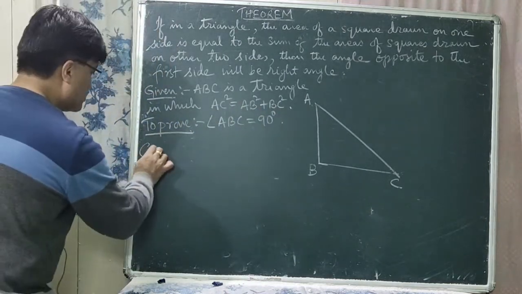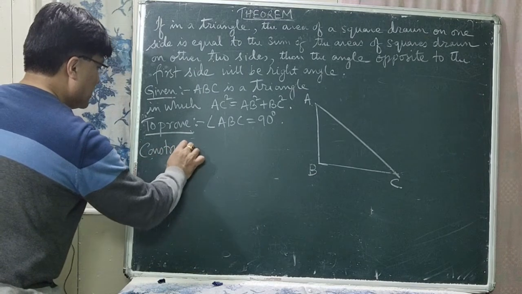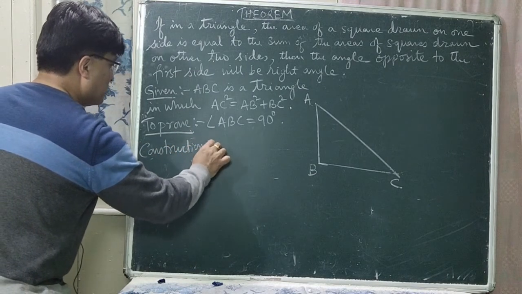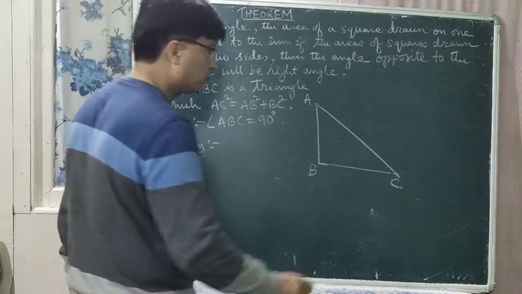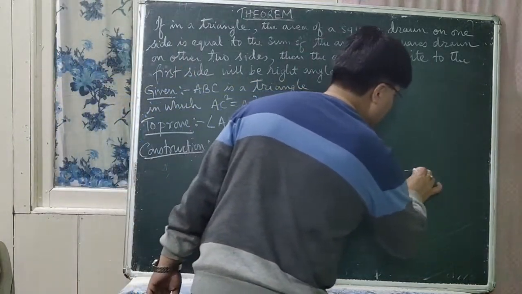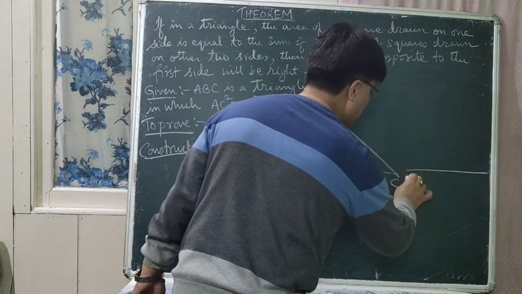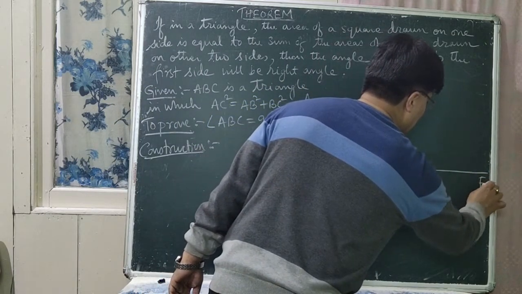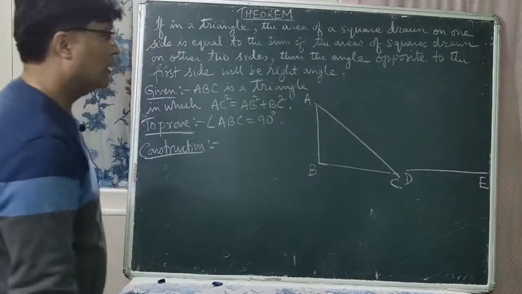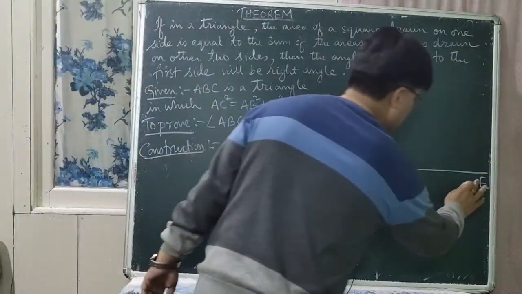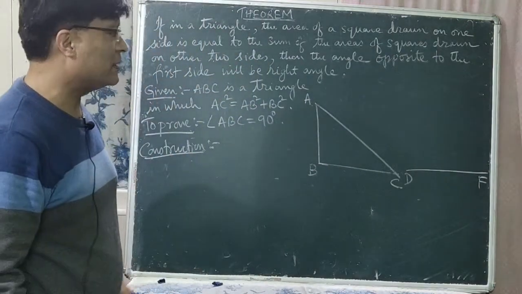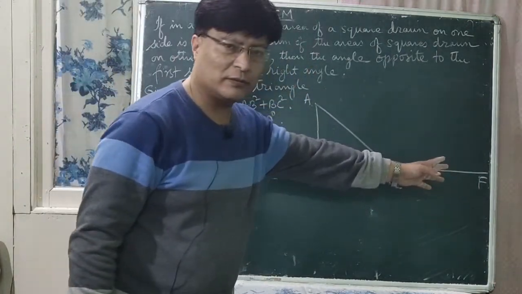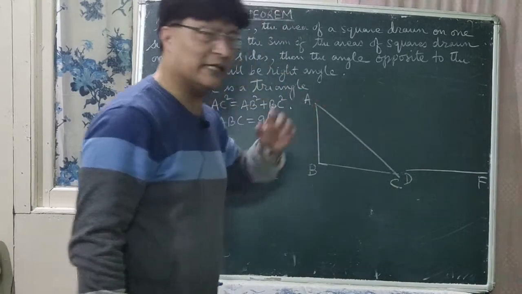So in this case, you have to do the construction part. Let us do the construction now. Let us draw a straight line DF making DF equal to BC. We are drawing a straight line DF whose length is equal to BC.